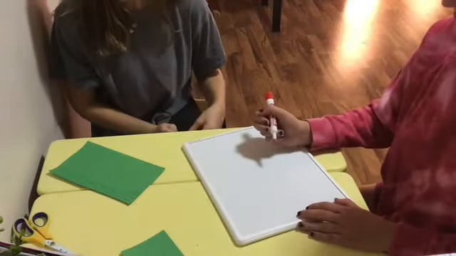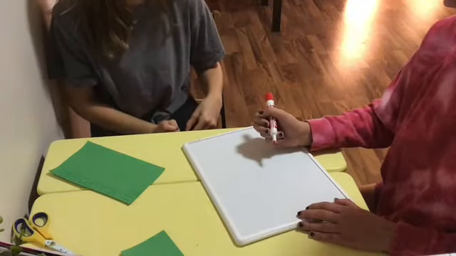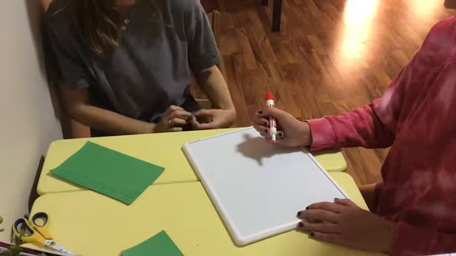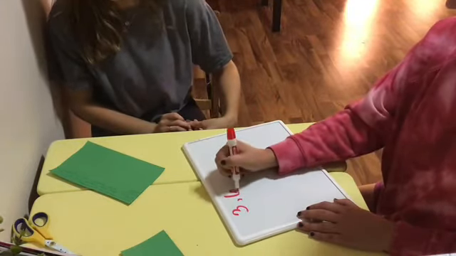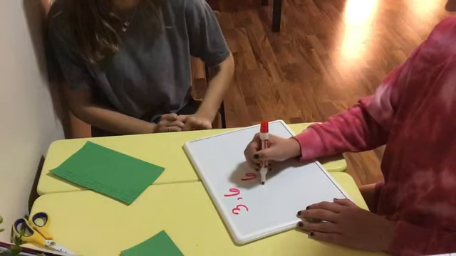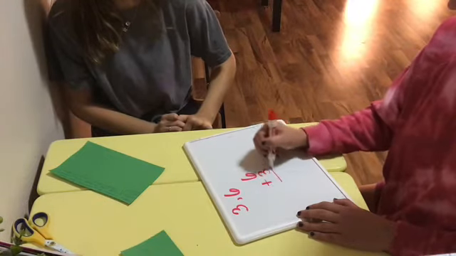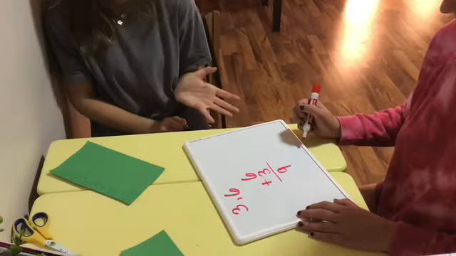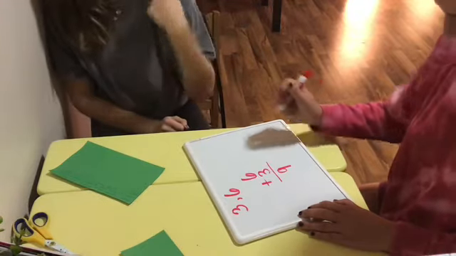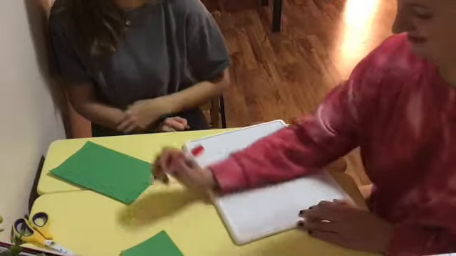Okay, so now let's do another one. We gotta keep practicing. Sarah thought of a number. She took away 3 from the number and was left with 6. What number did she start with? Good job. So she started with 9. You didn't even need my help for that one. Awesome. Good job.